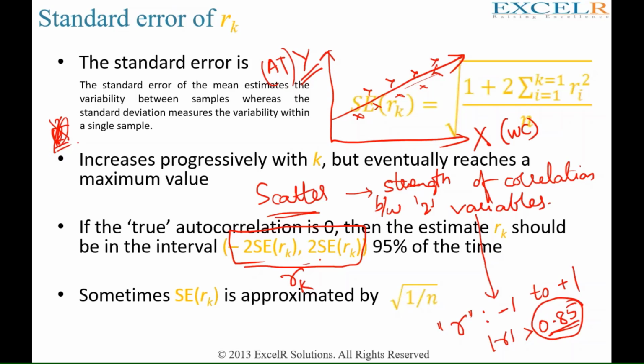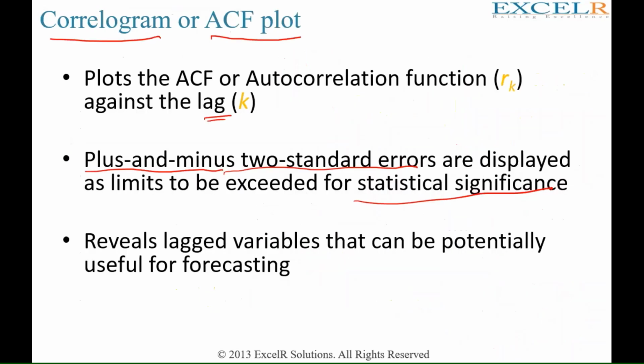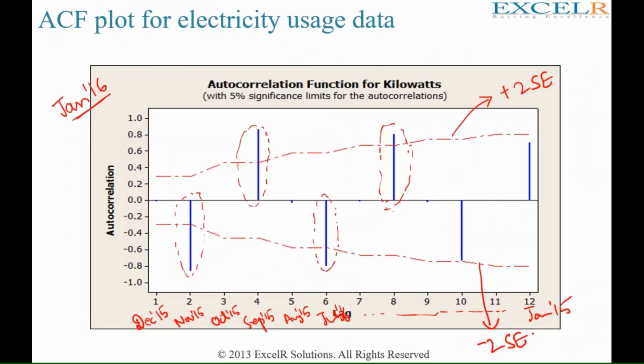And what do you mean by strong correlation? I can use that variable for forecasting. For example, here I see that the autocorrelation value is very high for the second lag. Hence, the second lag is statistically significant and it can be used to forecast your Jan data.